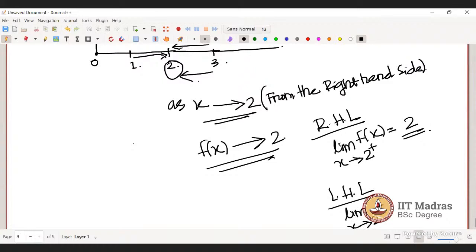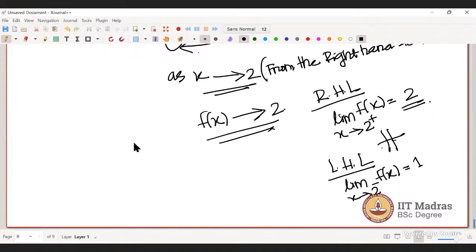Both are different, right? If the right hand limit and left hand limit are different, then certainly the limit doesn't exist. So you can say that at 2, the limit doesn't exist.